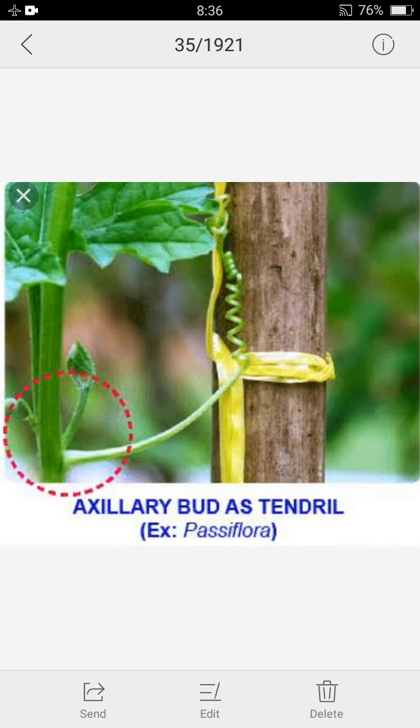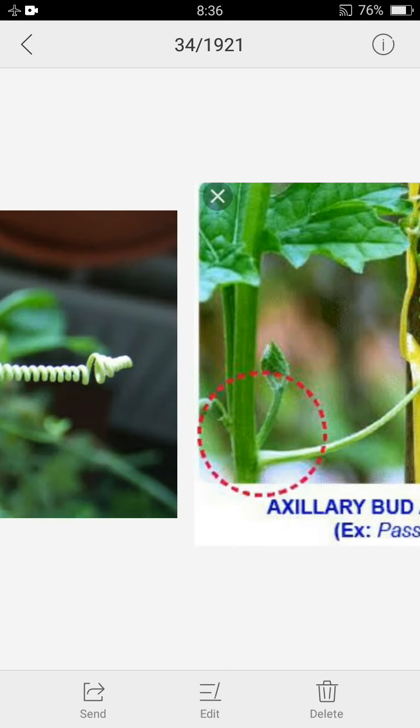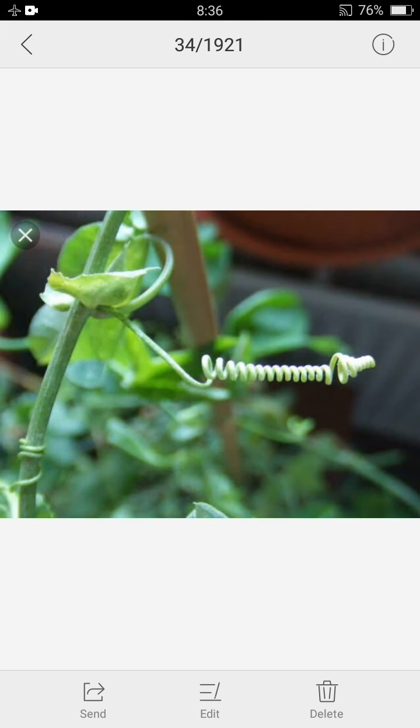Example, you can see on the screen, Passiflora. This is how they look, coiled in structure, and they help to climb supporting trees.